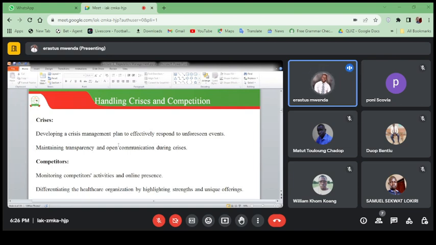And then we can differentiate healthcare organizations by highlighting strengths and unique offerings. I'm sure in other lessons or modules you have heard about SWOT analysis. You have competitors doing similar business maybe around you, so you need to capitalize on making your strengths known to every person.